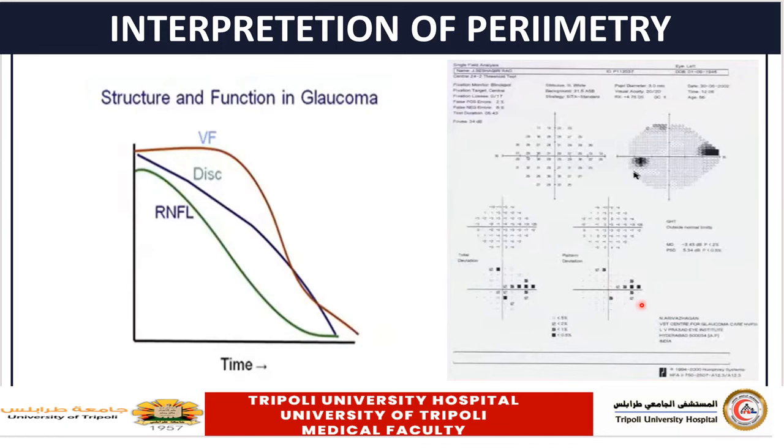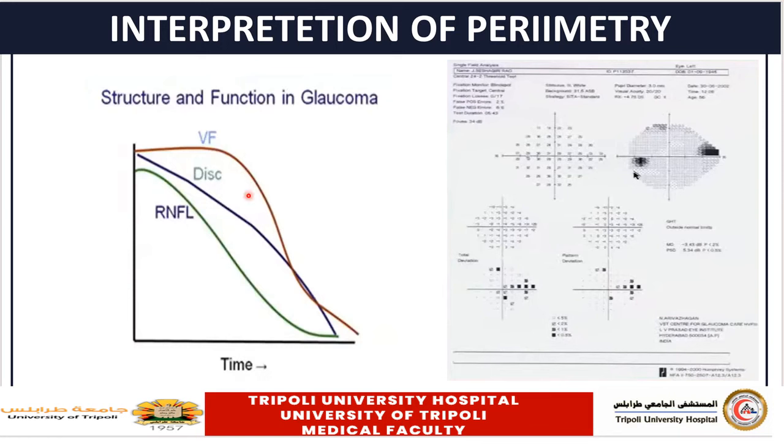What's named the structure-function relationship. You have to look at the fundus, you have to look at the OCT, and see if this finding in the visual field is associated with changes in the fundus or in the retinal nerve fiber layer in the OCT or not.